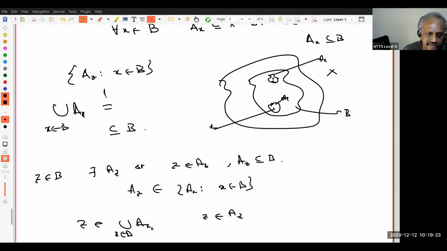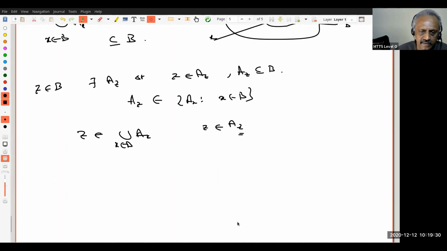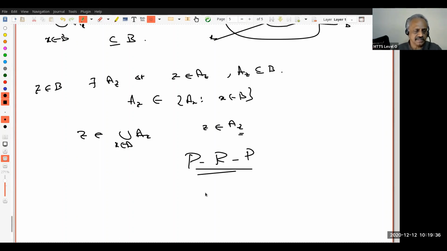I have to find an x so that z belongs to A_x. But what is the x I am taking? Namely z. Do you follow that? When you learn that the union of open sets is open, this is the kind of argument we used in metric spaces.